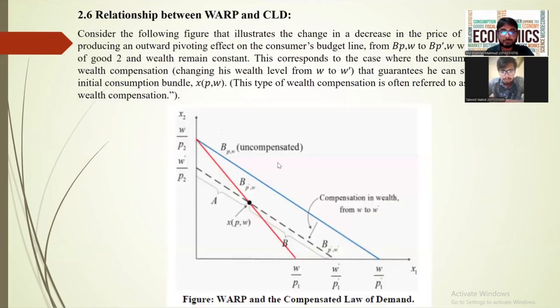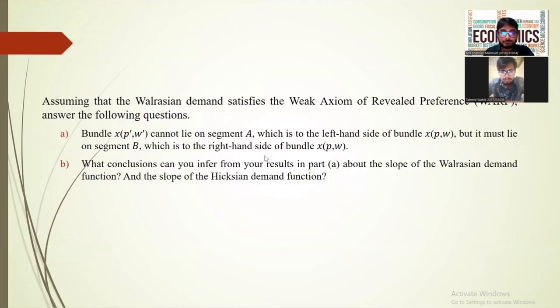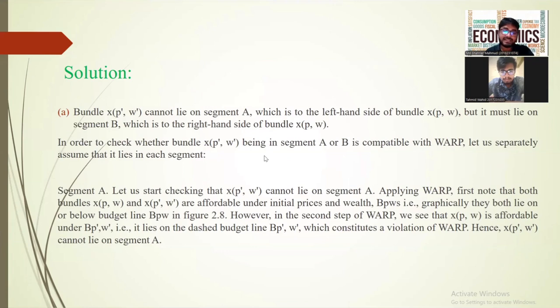However, the bundle x(p,w) remains affordable under the new budget line B(p',w'). This actually violates WARP, as consumers should not choose x(p',w') over x(p,w) if both are affordable. Therefore, x(p',w') cannot be in segment A.